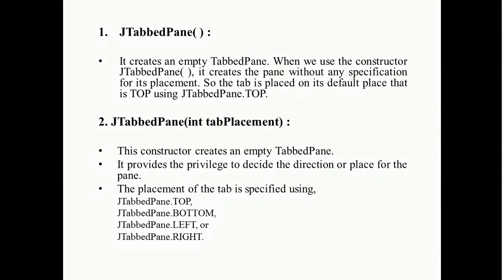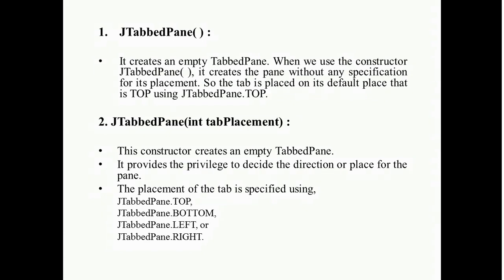Second constructor is JTabbedPane having parameter int tabPlacement. This constructor creates an empty tabbed pane but it provides the privilege to decide the direction or place of the pane. The placement of the tab is specified using JTabbedPane.TOP, JTabbedPane.BOTTOM, JTabbedPane.LEFT or JTabbedPane.RIGHT.